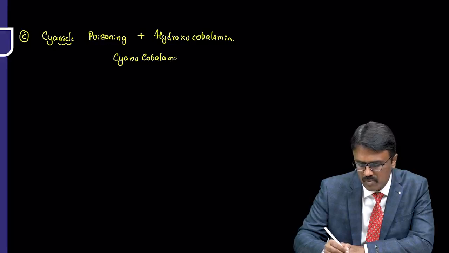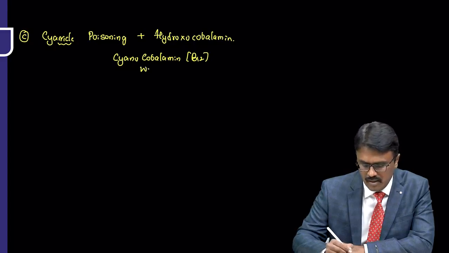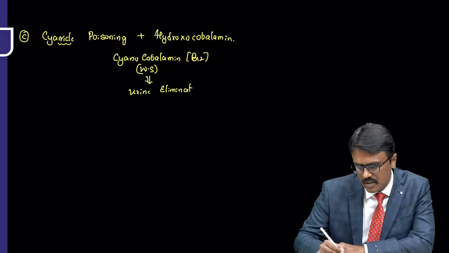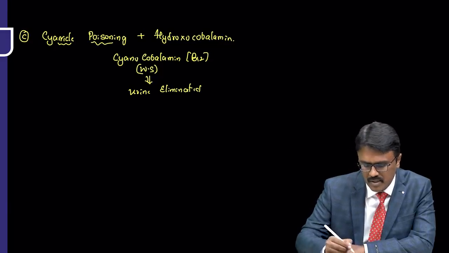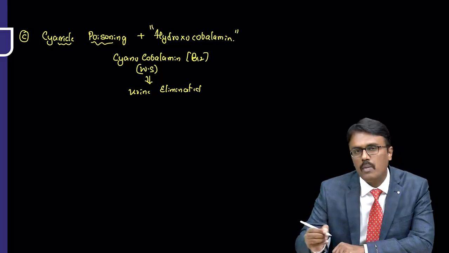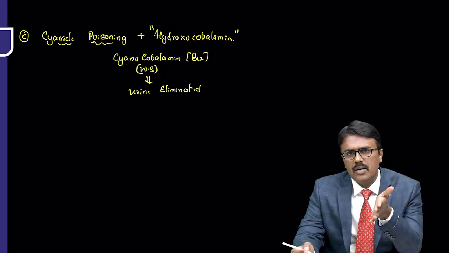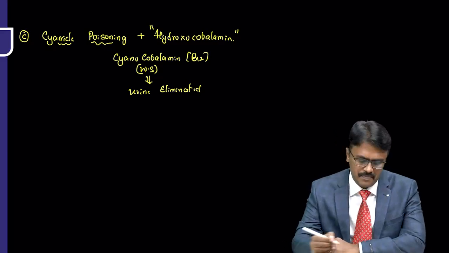And what is cyanocobalamin? It is B12. And B12 is water soluble and will go out in the urine. So the drug of choice for cyanide poisoning is hydroxycobalamin. Simple reason, cyanide will combine with hydroxycobalamin to form cyanocobalamin, which is nothing but B12, and that will go out in the urine.